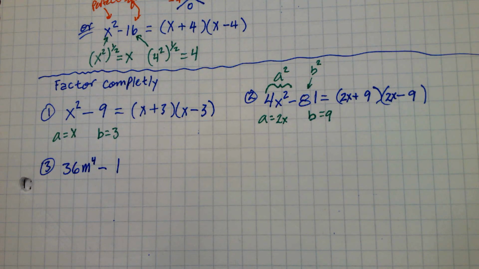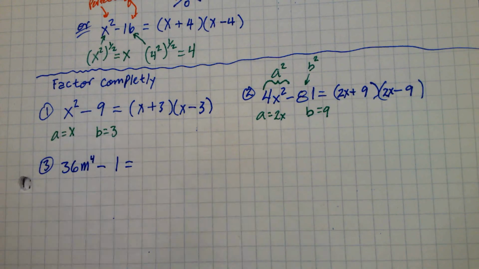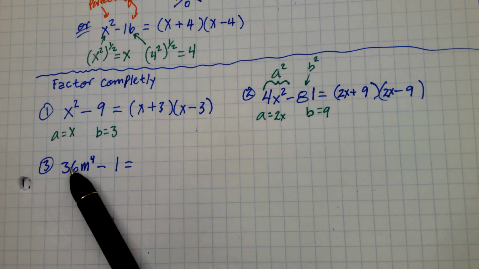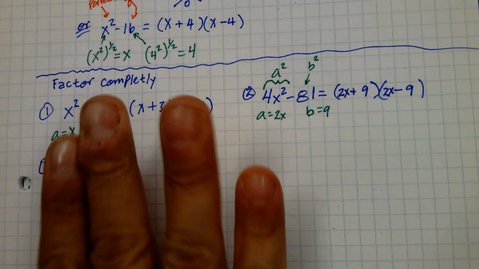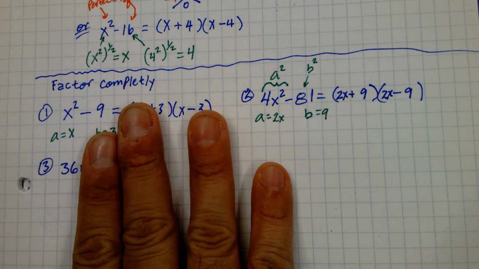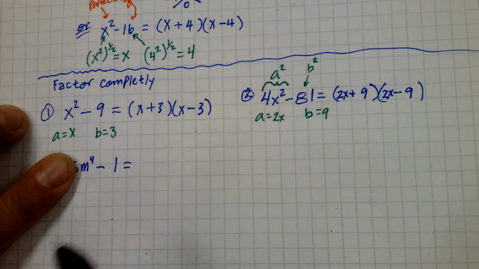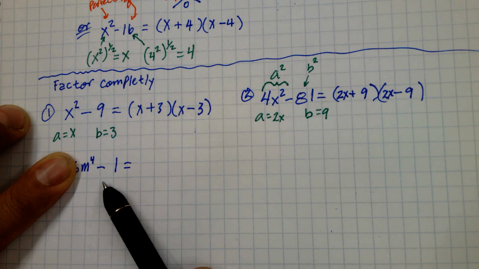36m to the 4th minus 1. What number squared gives me 36? 6. What number squared gives me m to the 4th? m squared.